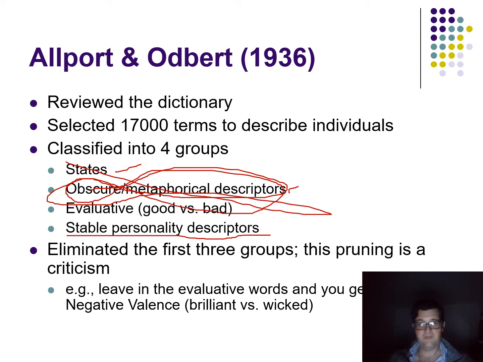Like if you leave in those first, the evaluative words, you get two wholly new dimensions of personality, which is positive and negative valence. Whereas positive valence is basically how awesome, brilliant, wonderful a person is, and negative valence is essentially how evil or wicked a person is.